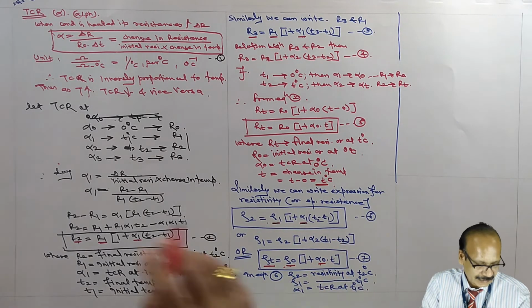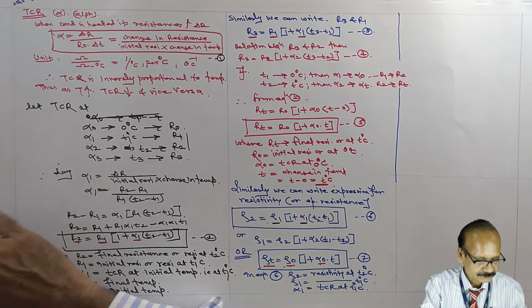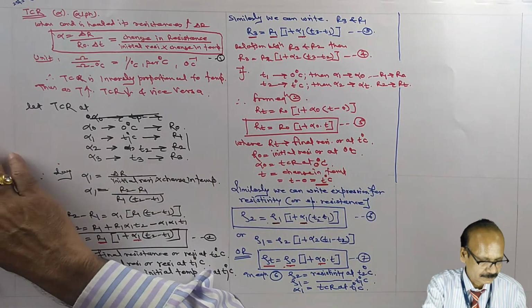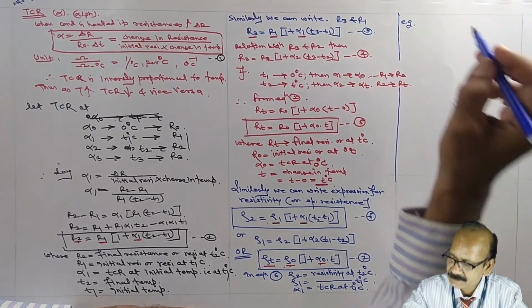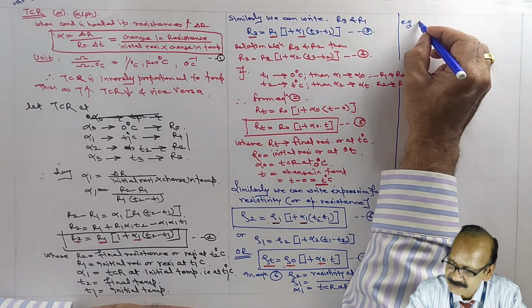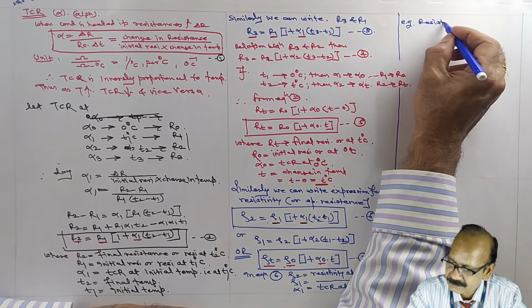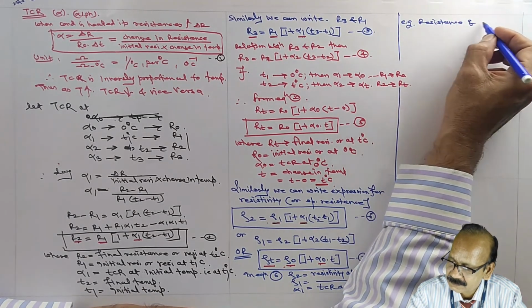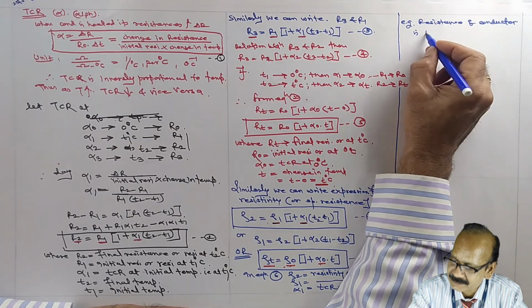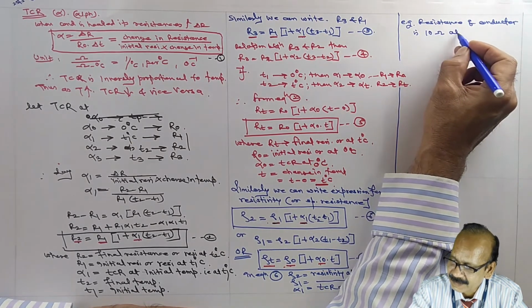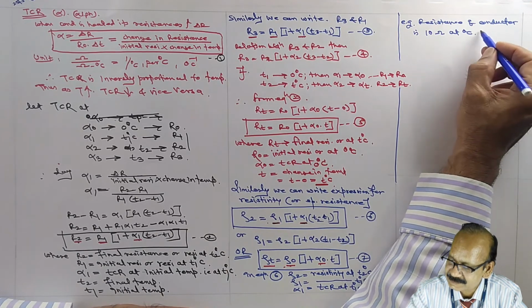Now, for example, the resistance of a conductor is 10 ohm at 0 degree Celsius.